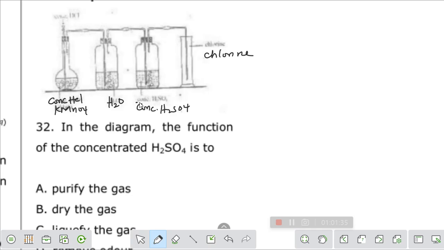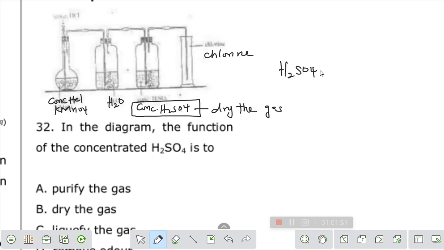Now they ask, what's the function of this conc H2SO4? The function is to dry the gas. I told you that in chemistry we use H2SO4 very well.